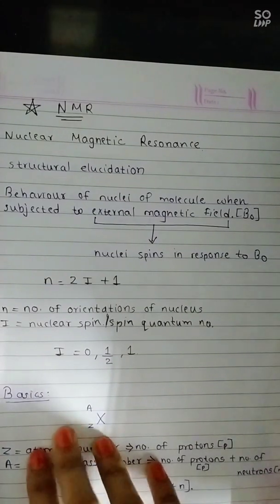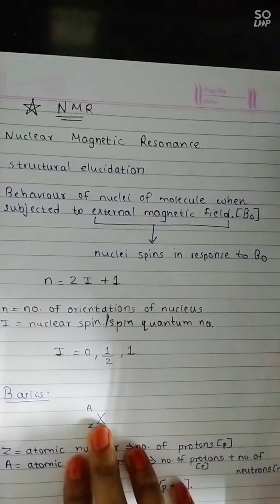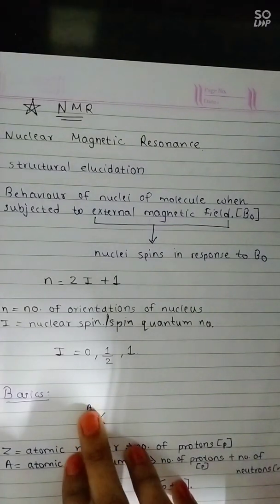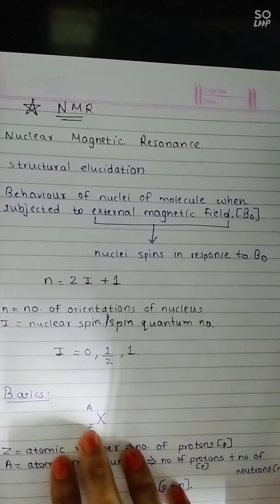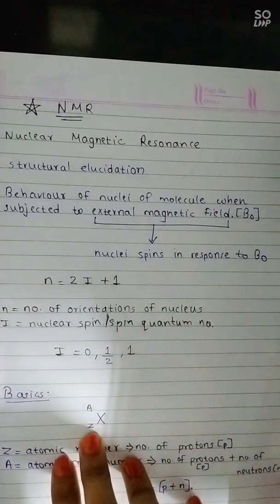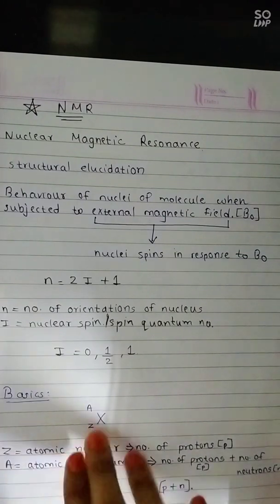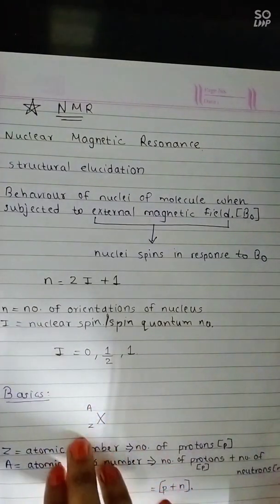Say for example, we have atom X. Atom X will have its atomic mass, which will be written as A, and it will have an atomic number also, which will be written as Z. You might have studied in 12th standard what Z and A are.